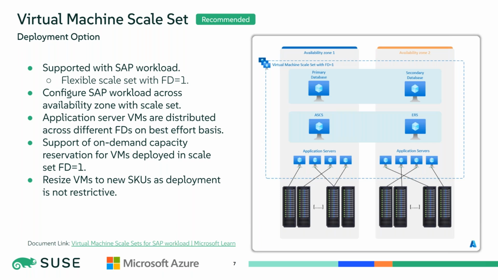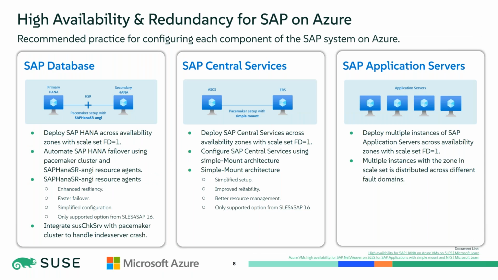For the SAP database, let's take, for example, HANA Scale Up, where you have a primary HANA database and a secondary HANA database, which is replicated across different zones, and you are using a pacemaker setup. The recommended configuration is that you deploy your SAP system in virtual machine scale set, where you deploy your primary HANA in availability zone 1 and secondary HANA in another zone.